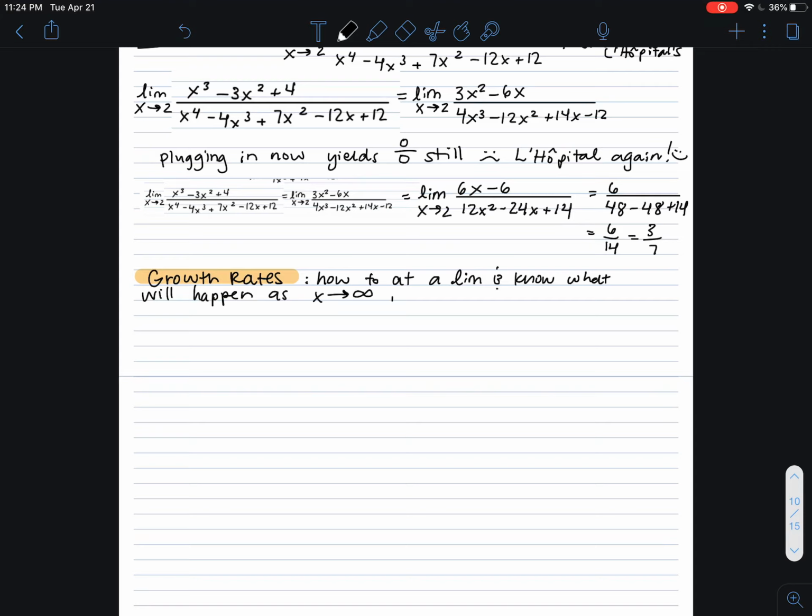As x goes to infinity, just based on whether the numerator or the denominator gets larger or faster. I guess larger or smaller.